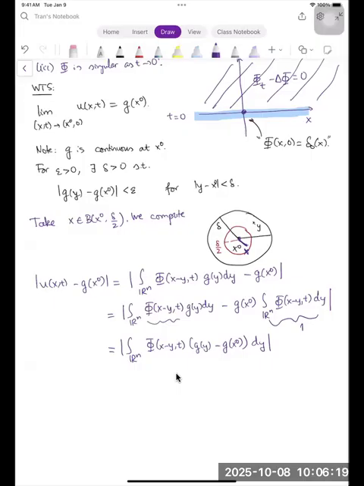A good piece would be inside this ball of x naught, radius delta over 2, or radius delta, because inside this whole ball I have good control.